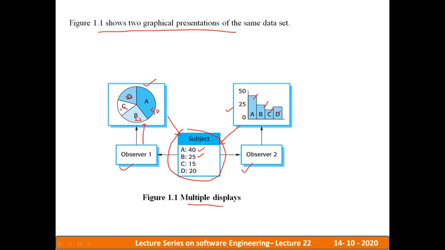Whenever you make any modification in the data set, the best example is an Excel sheet. Some data we write here: 40, 25, 15 and 20, for A, B, C, D. Whenever you make a modification, say for B, instead of 25 you make it 50, then the associated charts or displays get updated.